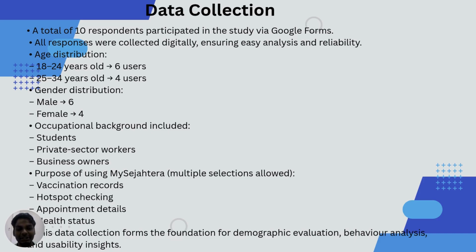Age distribution is 18 to 24 years with 6 users, and 25 to 34 years with 4 users. Gender distribution is 6 male participants and 4 female participants. Occupation backgrounds include students, private sector workers, and business owners.